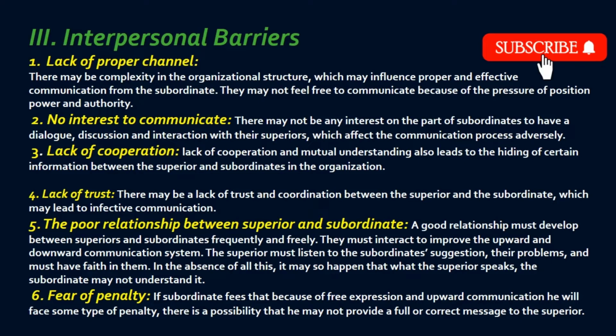Subordinates also have the right to talk freely to the superior. If the system is like that, then there will be good growth in the organization or any institution. It may be the university also, where the dean and the registrar should have easy communication with the subordinates, that is the professors, assistant professors, like that.